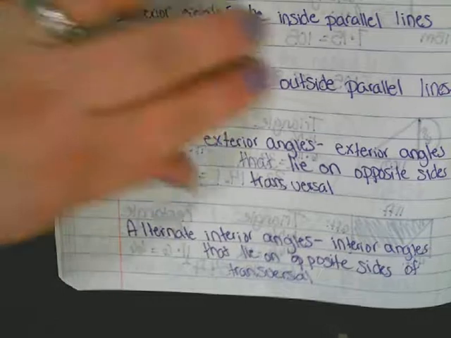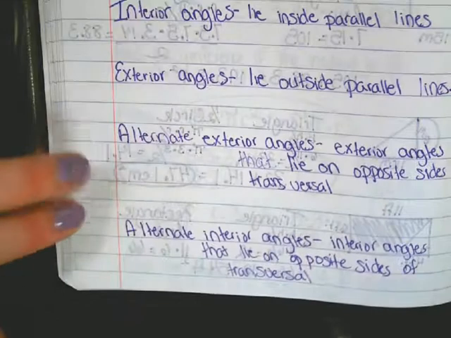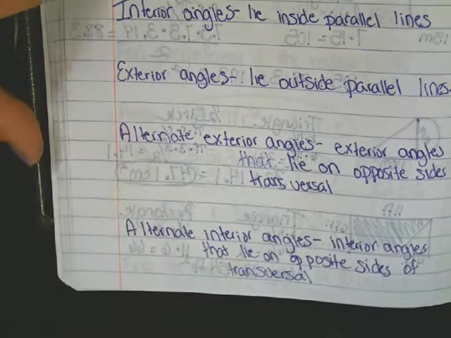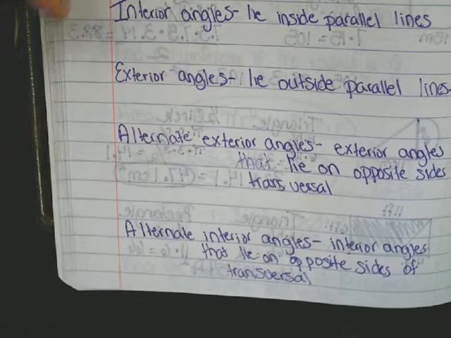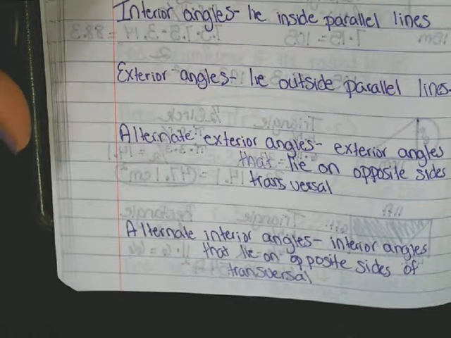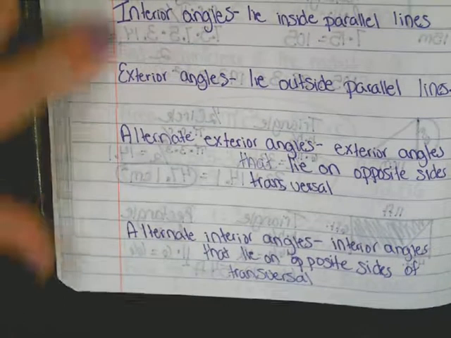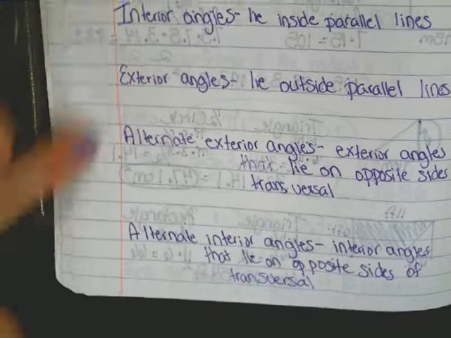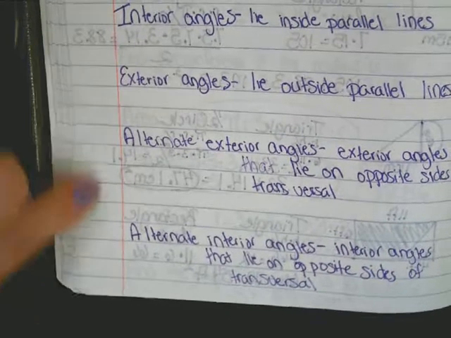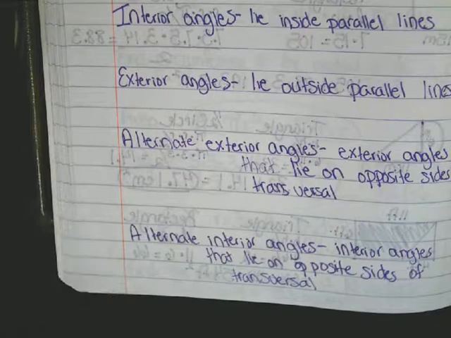So as long as you have a set of parallel lines and a transversal, you've already guaranteed to meet these 4 on your project. Identifying them will be a different story. That's where you'll have to take a little bit of time to look at it, to identify it. Okay? Questions so far? Everyone got those?